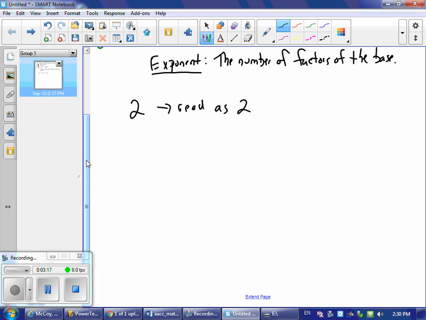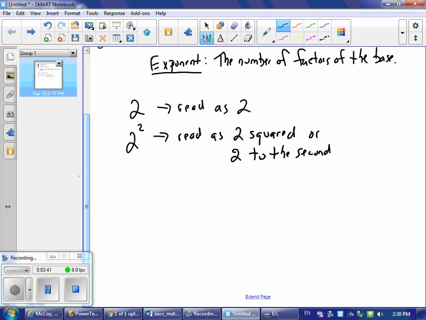So it would be 2 to the first power. If we had 2 squared, I know that we can go ahead and actually figure that out. It would be read as 2 squared, or 2 to the second power.